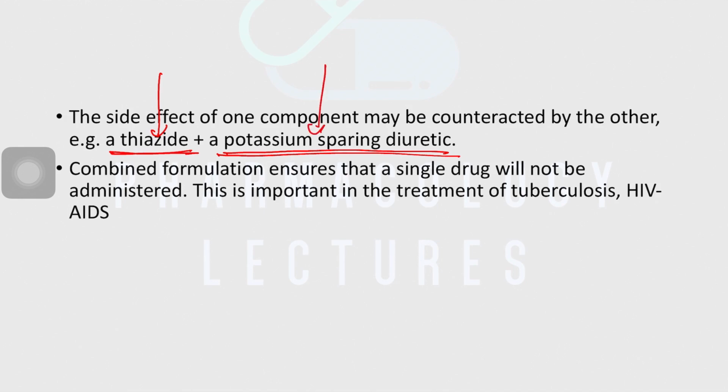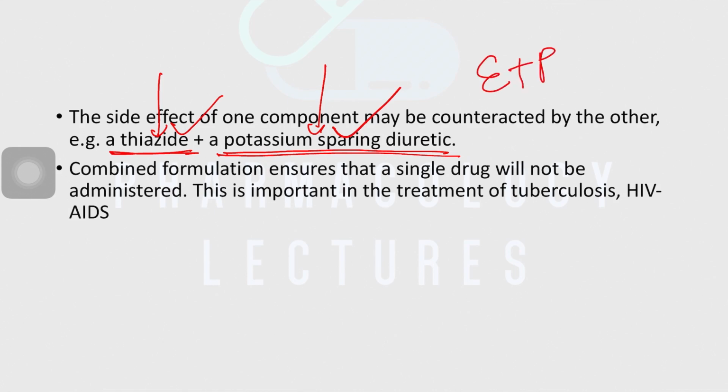So to counter that potassium loss, we are also adding a potassium sparing diuretic that spares the potassium and also produces antihypertensive effects. So the combination of these 2 becomes counterbalancing medications, where potassium loss caused by thiazides gets countered by potassium sparing diuretics. So this kind of counterbalancing medication is very helpful.